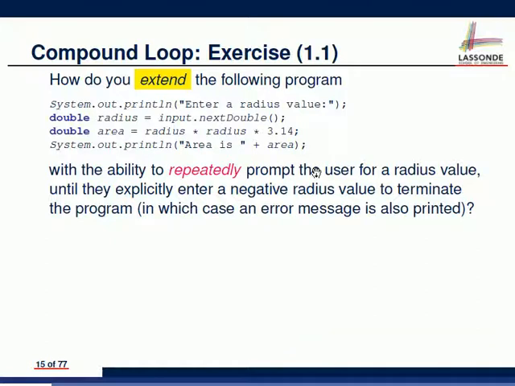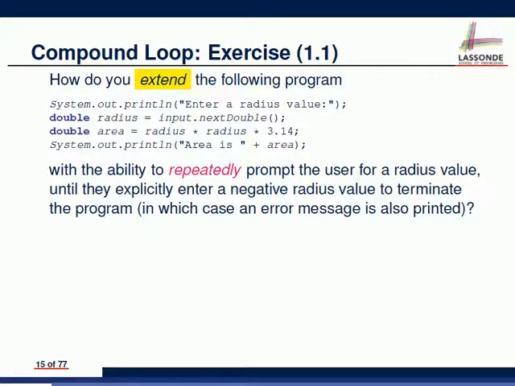The problem for this program is, what if the user enters something that is negative? In that case, we will still calculate the area no matter what. If it is -3, you will actually say -3 multiplied by itself, multiplied by 3.14, which is not good.